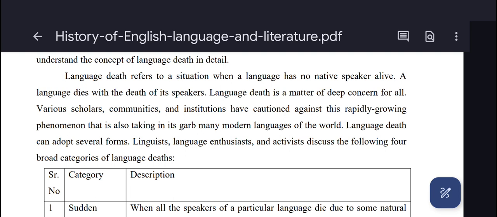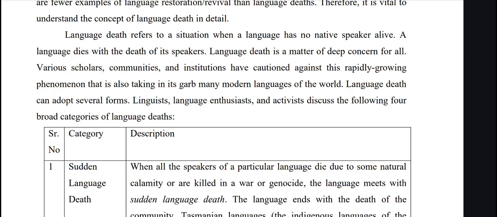Language death is caused by various factors such as communication and institutions. This is a rapidly growing phenomenon that is also taking many languages of the world in its grip. Language death can adopt several forms.